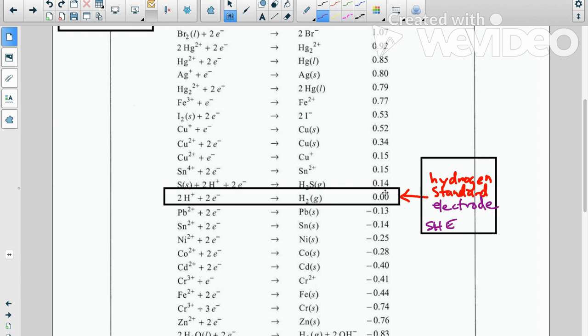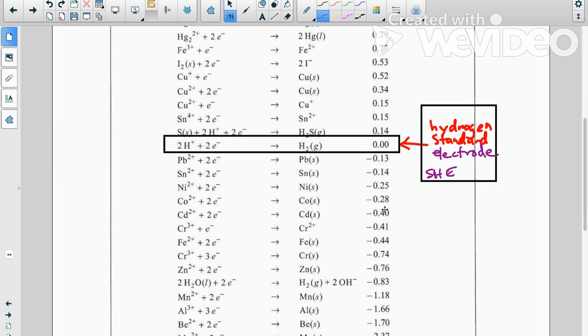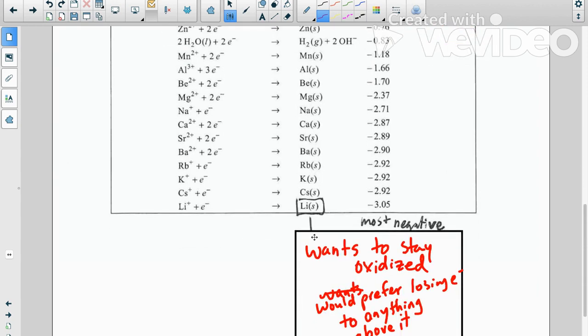Now, you can see below hydrogen, the numbers become negative as the substance does not want to be reduced as much, but is more likely to become oxidized. So down here, lithium, it wants to stay oxidized, okay? It would like to be oxidized over anything.